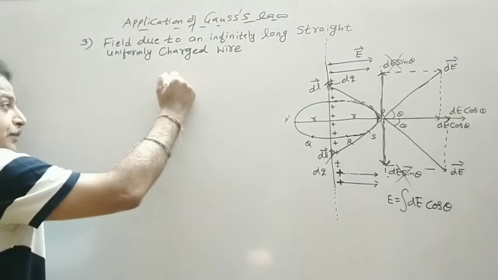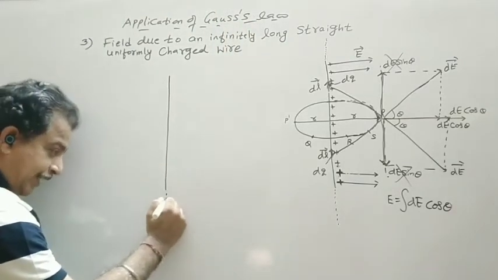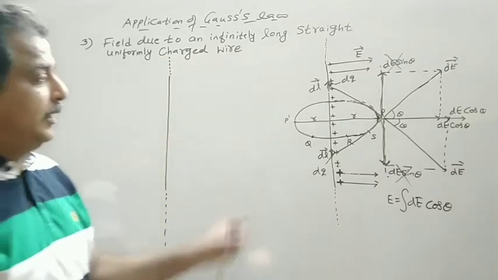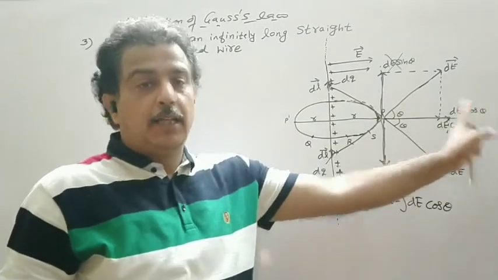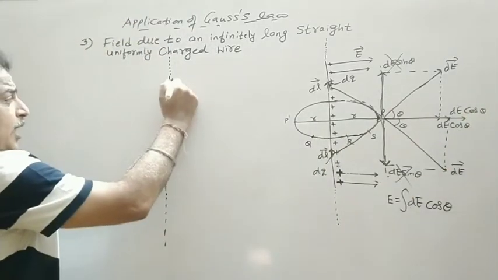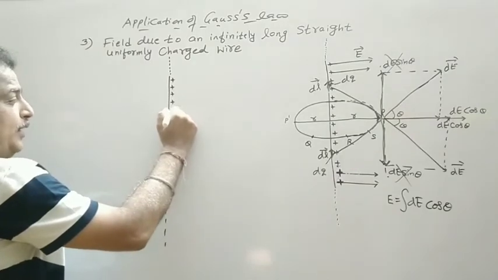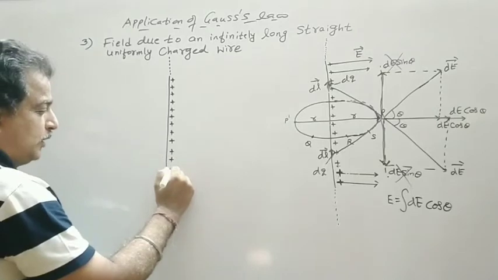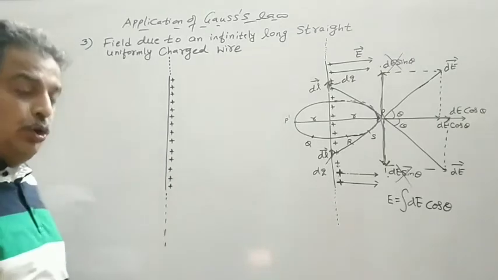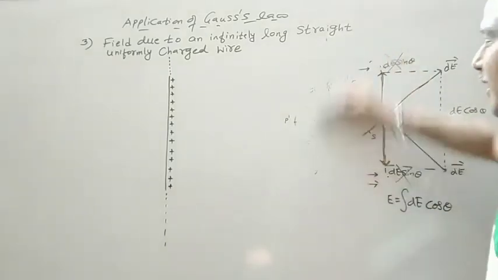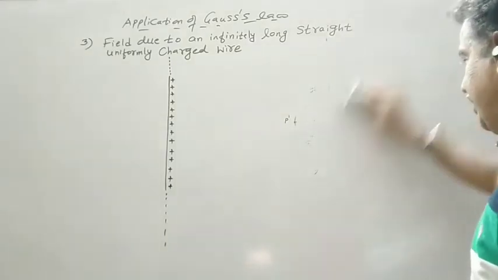So again, take an infinitely long wire. Now it should be clear that the field lines are radially outward. It is along the radius. The charge is uniformly distributed over it. Now this is a continuous charge distribution and the source is a wire. So the density is lambda. It is a linear charge density.